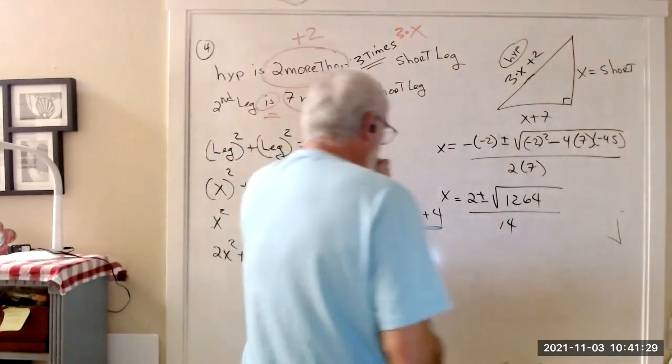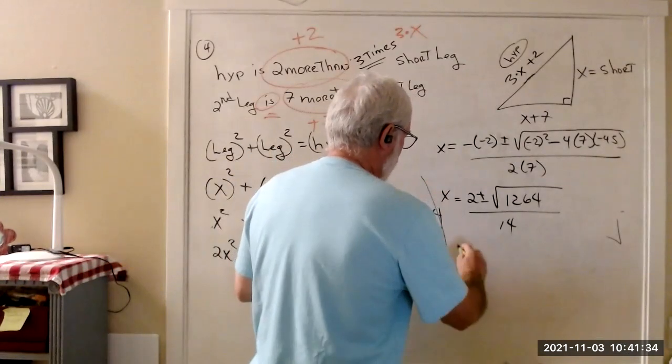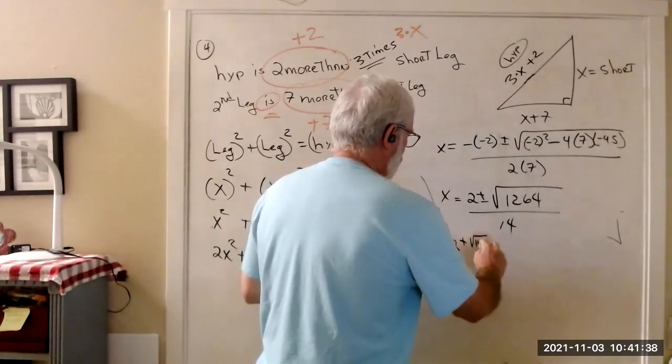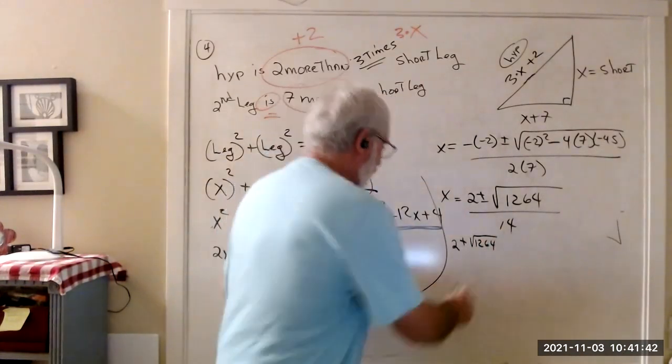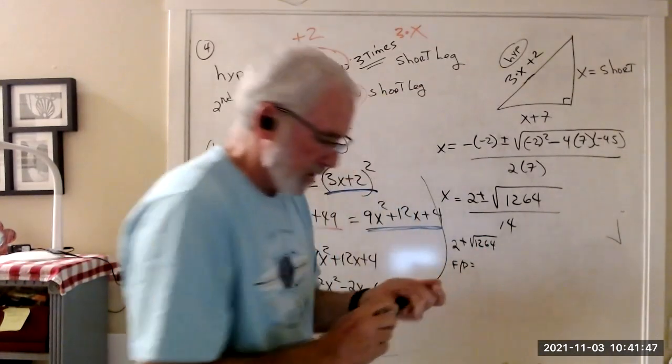You can develop your own technique. On your calculator, go 2 plus square root of 1264, and hit the FD key. And what do we get?